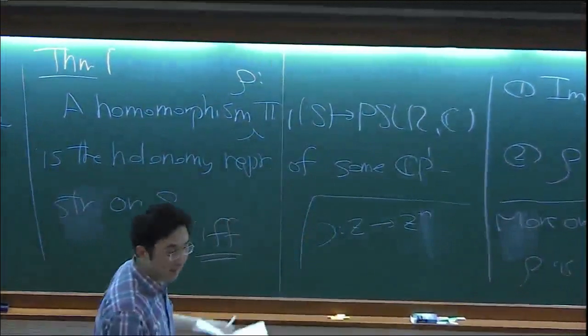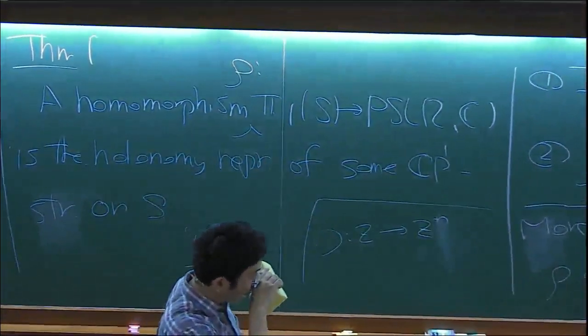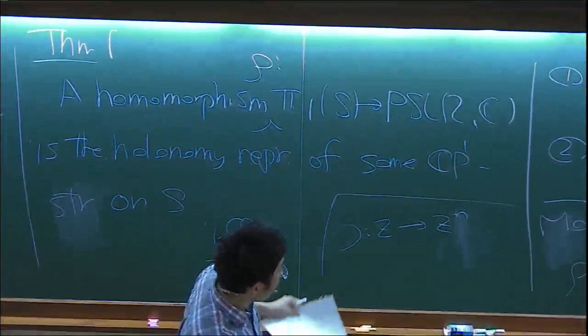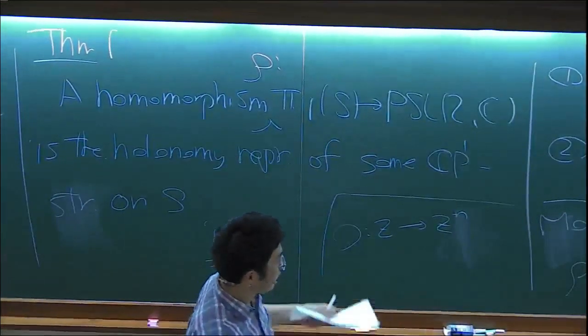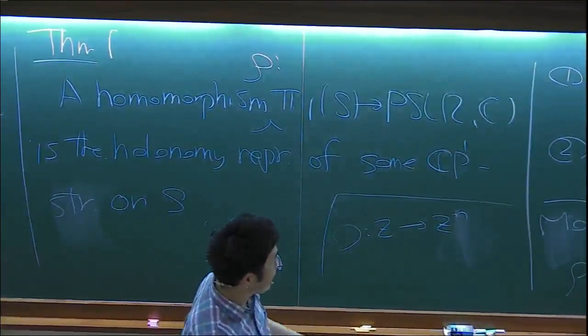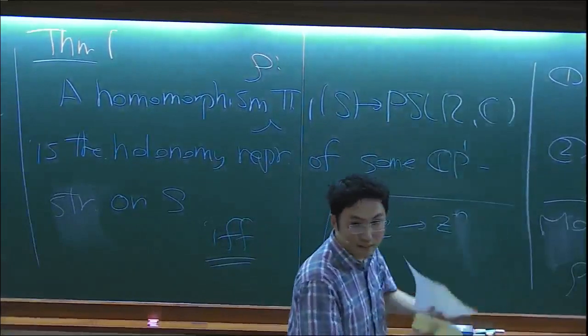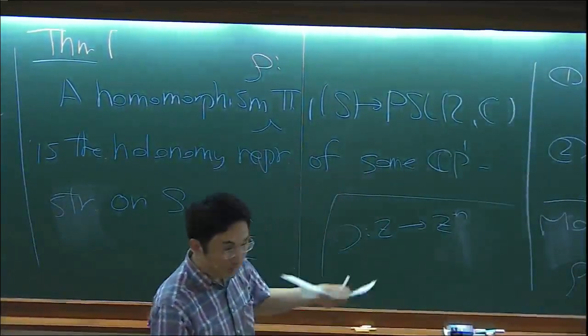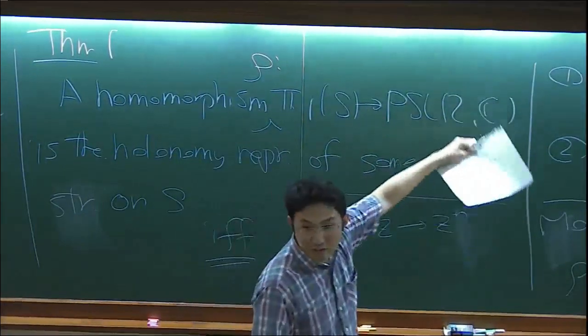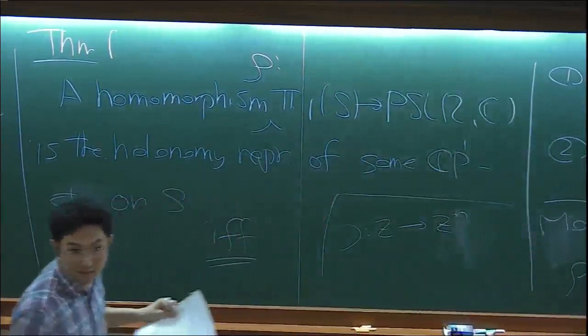The second lecture is the meat of the proof, where we actually construct a representation satisfying those conditions and construct a CP1 structure with that holonomy. So we show that those conditions are sufficient.